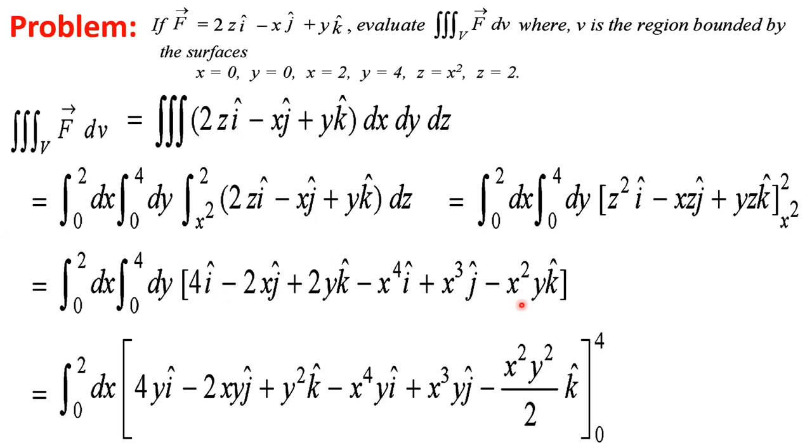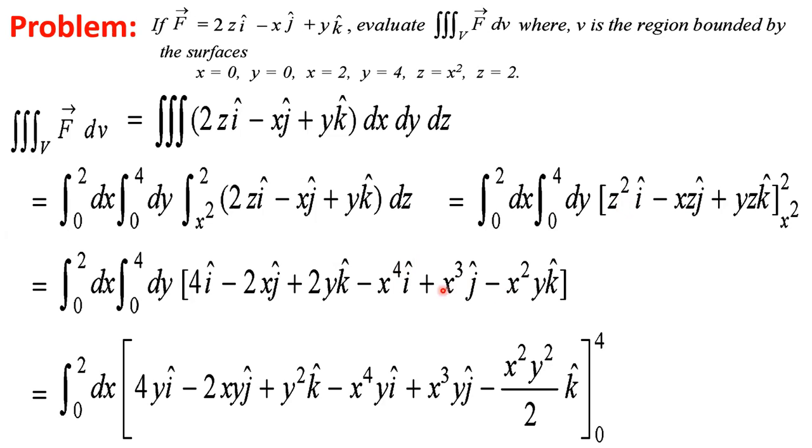And now you can clearly see that this is just a function of x and y, because z was given to us in terms of x squared, and for this x we used these limits in the form of x. So now you can see that z squared is replaced by x to the power 4, because z is just x squared, and z squared will become x to the power 4.